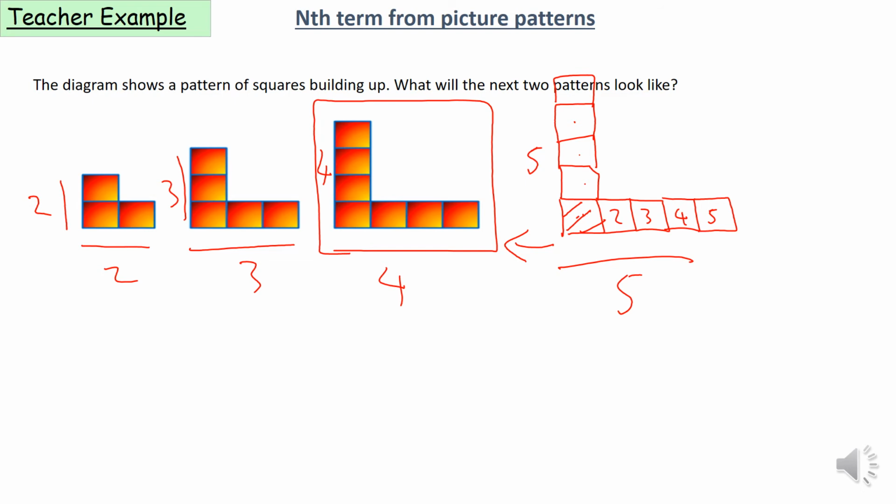And then likewise for the next part you need 6 at the bottom, and you will need 6 at the top. After you've done it, to make sure you can count. So 1, 2, 3, 4, 5, 6 and 1, 2, 3, 4, 5, 6. I know I've done it correctly.